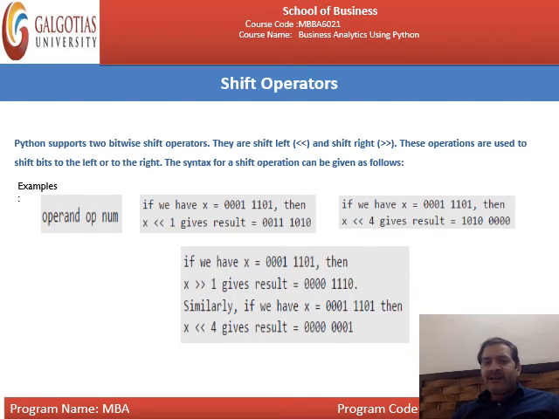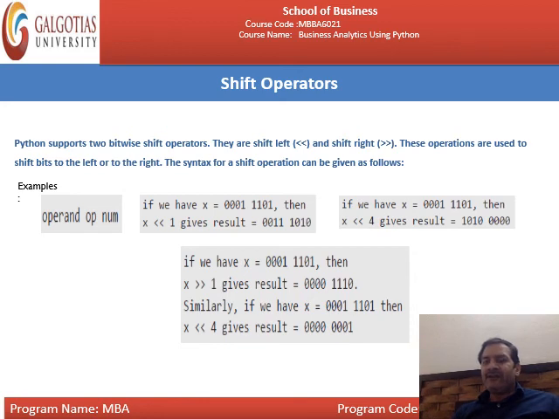Left shift means this 0 goes out, then 001, then 1 1, and finally you will find a 0. You simply shift all the bits one place to the left, and at the vacated place you include 0 and make it the number. This is the left shift operator.